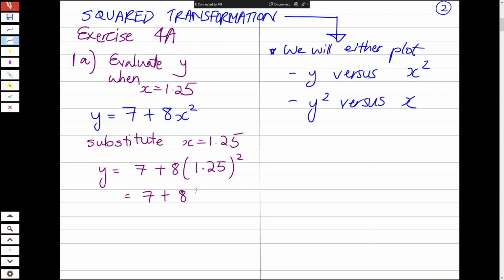And I believe this is 1.5625 times 7 plus 12.27. Can someone just do that calculation for me? 4, 5.